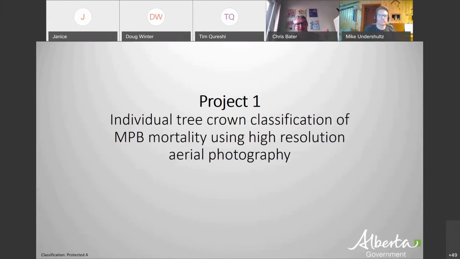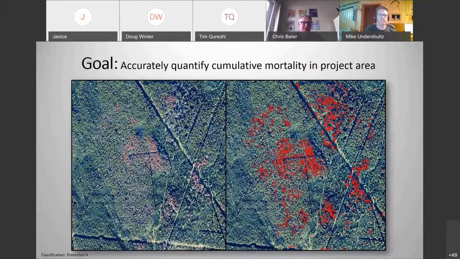So in this first project, we are mapping mortality at the individual tree crown scale, classifying red and gray attack. The interest here was to map mountain pine beetle impacts in areas where we didn't have GPS. You're looking at a finished product here, just to give you a sense of what we're looking at.